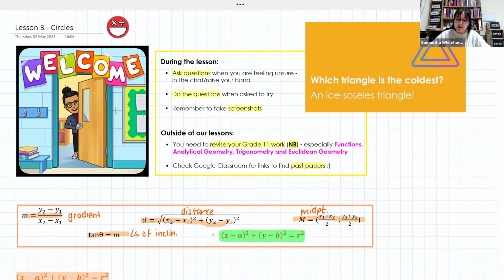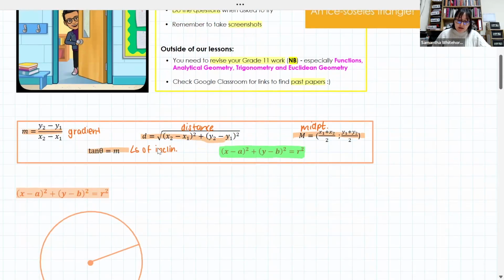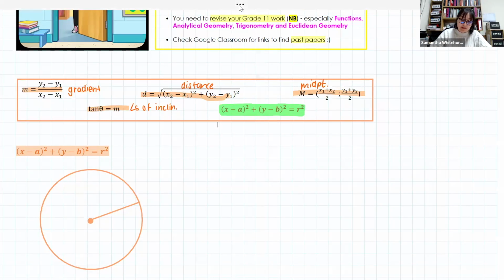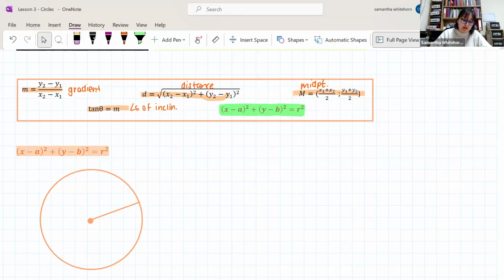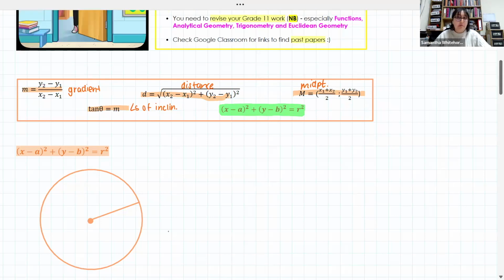Good connection. Well done. Okay guys, can anyone explain to me what this formula is? This x minus a squared plus y minus b squared equals r squared. What does it represent? Give me something. Okay, Flamelo said it helps us find the radius. Absolutely.